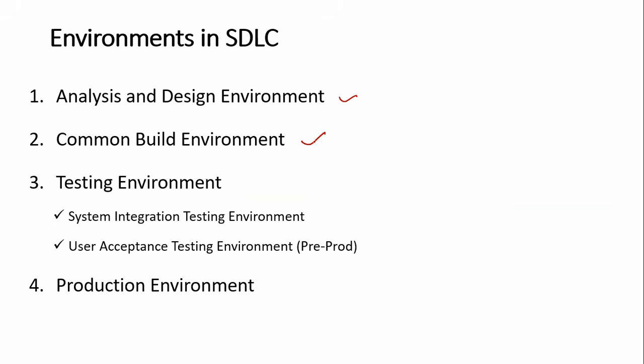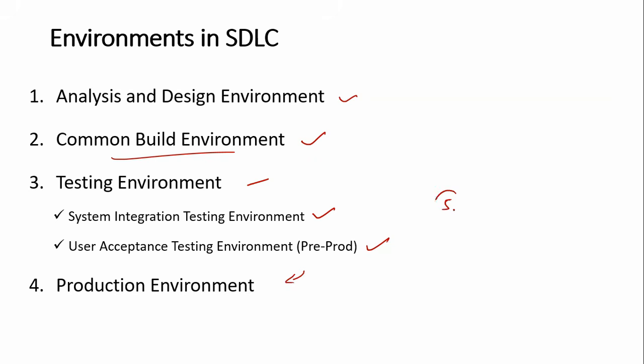The development team integrates everyone's requirements, sometimes multiple teams' requirements. They will have a common build environment. Here itself, like 2 URLs will be there. And when we come for testing, as per the book definitions, it is SIT and pre-production UAT. And once this is done, we'll go for production.